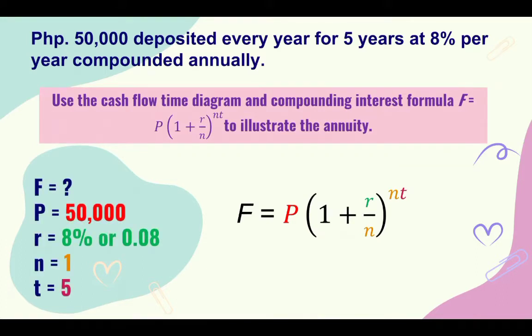Okay, so the value of P is the amount payment, the 50,000, R is the rate 8% or in decimal 0.08. Our N is 1 because every year, so every 1 year. And then our T is 5 years.